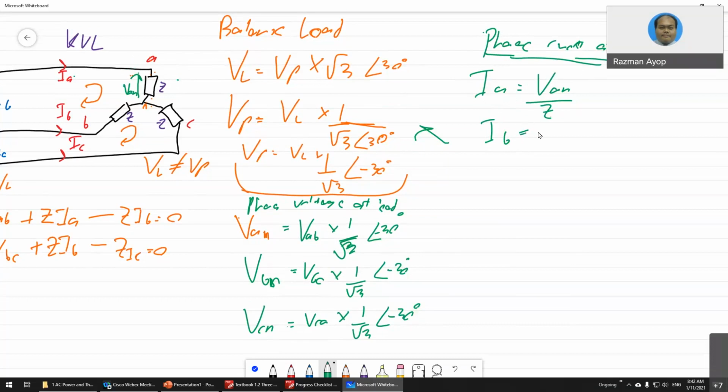You just use Ohm's law. IB is VBN divided by Z. Remember, always find the phase current using the phase voltage divided by Z. And IC is equals to VCN divided by Z. So you already obtained the phase current. Okay, now the last part.